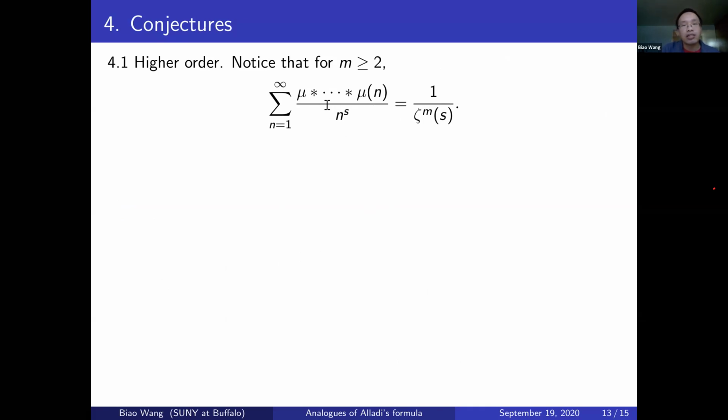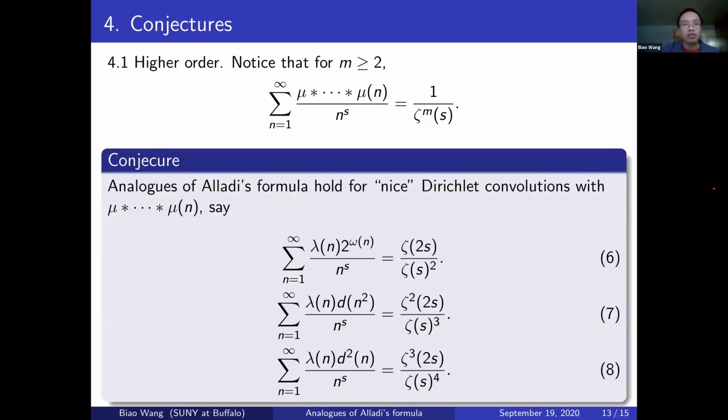We know that this Dirichlet series is (1 over zeta of s) to the power m, where m is greater than or equal to 2. In the previous examples, m is just 1. So they are essentially different.